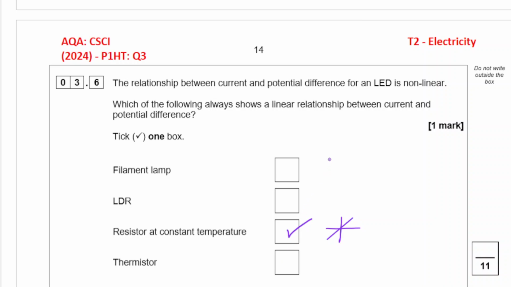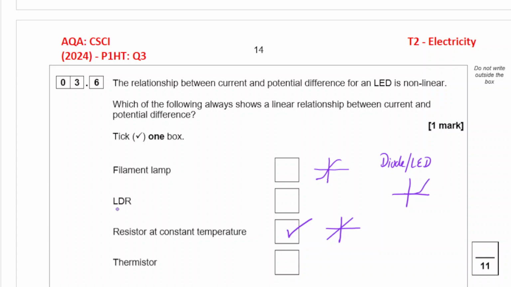For a filament lamp, the IV graph is an S shape. Now, for an LED or a diode, which are similar, the graph is going to be like that.